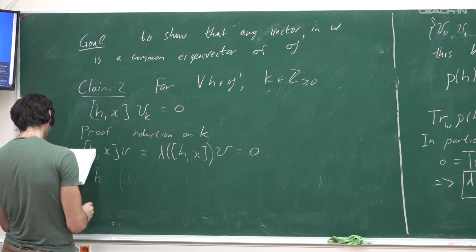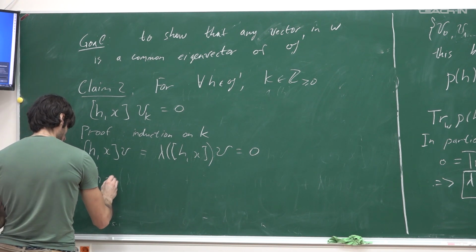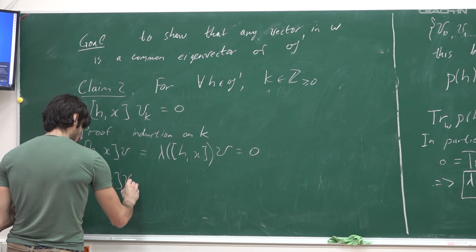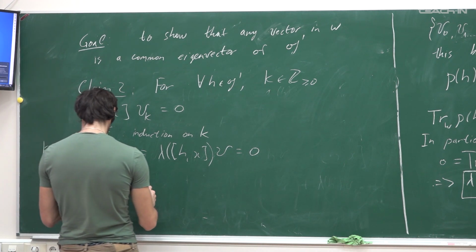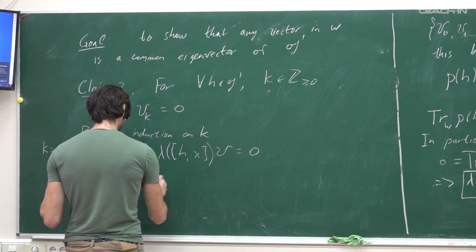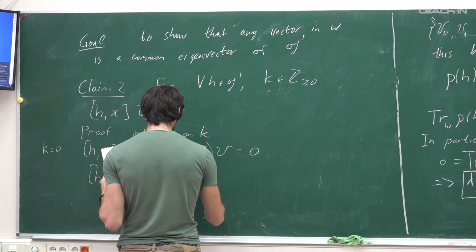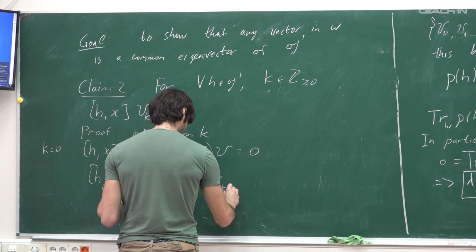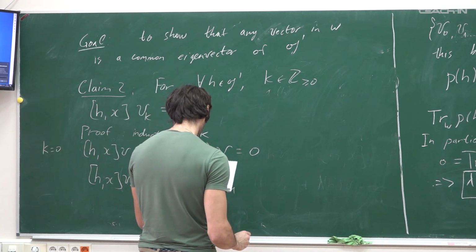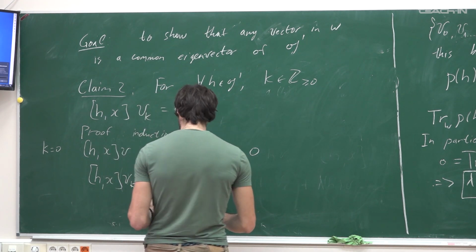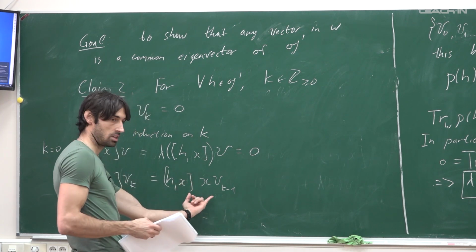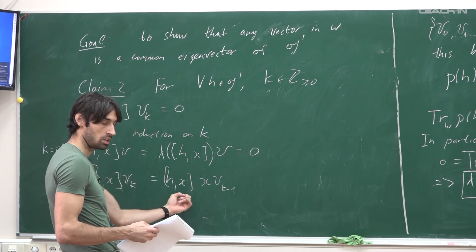We have Hx applied to Vk. Well, again, we need to remember what Vk is. It's x Vk minus 1. So I need to commute this x with Hx.